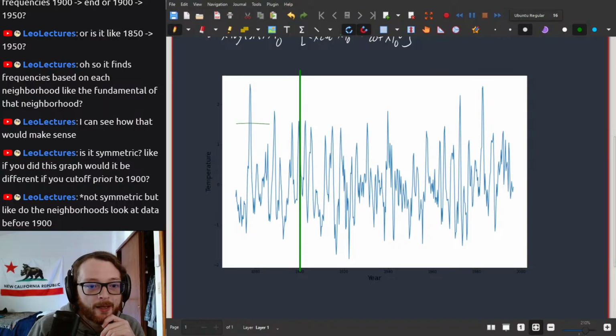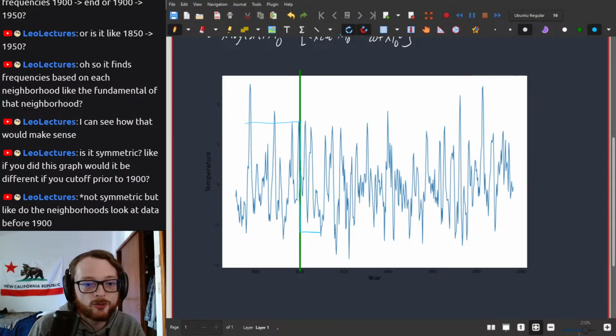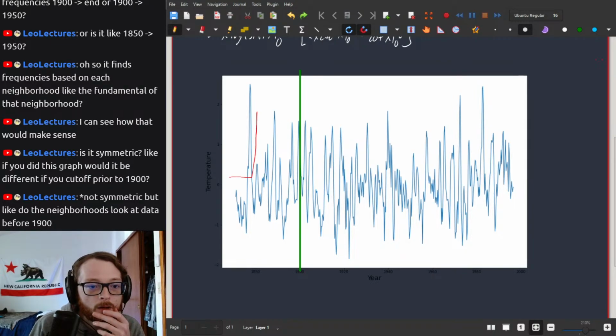So there's one Haar wavelet that will be like, say, I should do a different color. I shouldn't do blue either. I guess red. One big Haar wavelet that gets multiplied with the data like this.